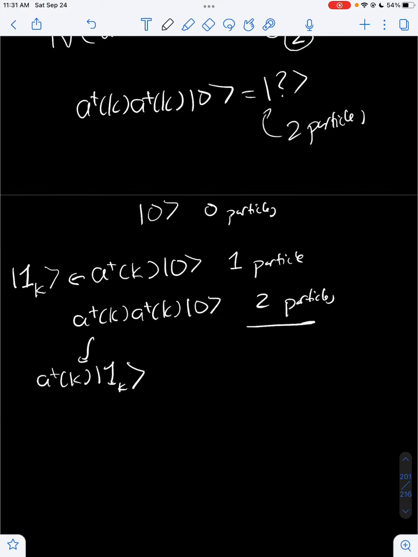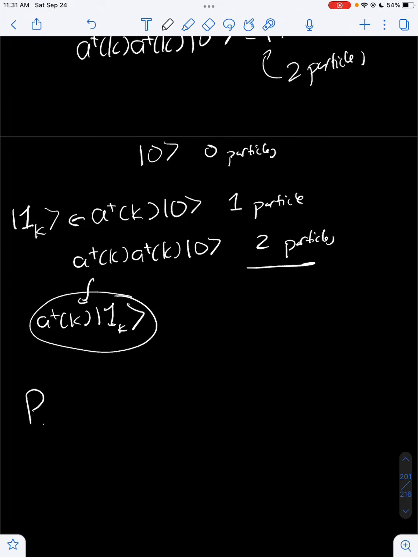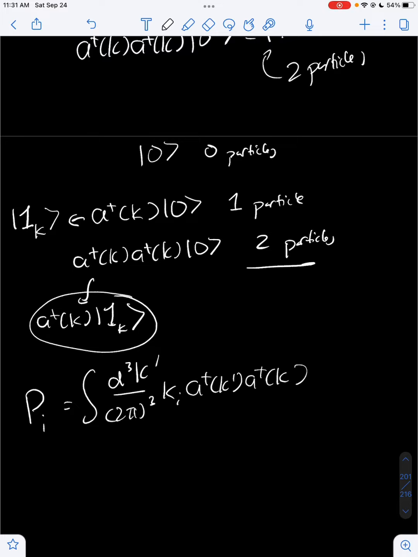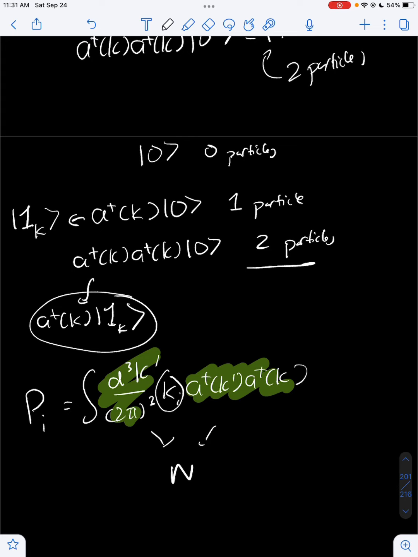What's the momentum of that state? Well, remember that the momentum operator is the integral over the momentum times A conjugate K prime A conjugate K. So the momentum operator is literally just the number operator scaled by a factor of K, right?